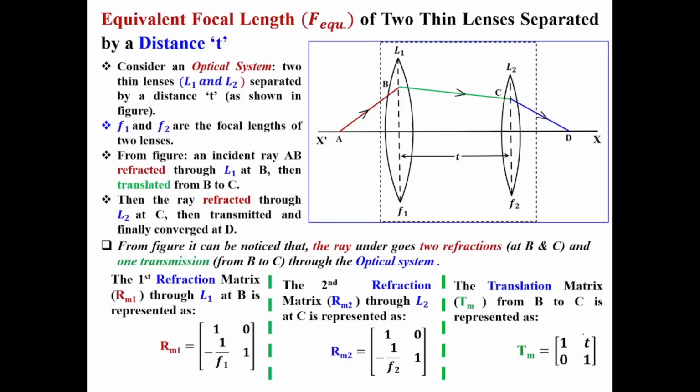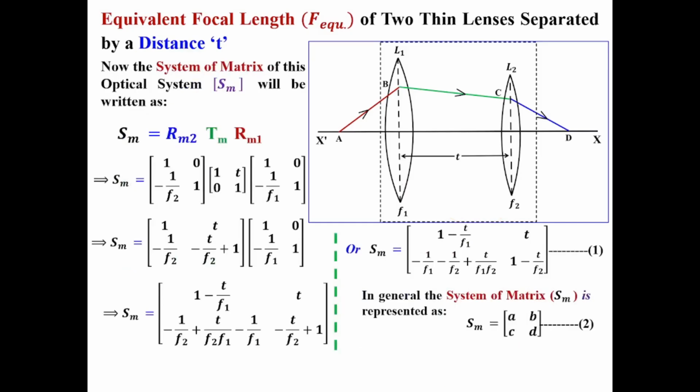In general, the translation matrix is represented as [1 t/mu; 0 1]. Here we consider that there is an air medium in between these two lenses. If it is air or vacuum, mu is considered as 1. So the translation matrix here is [1 t; 0 1]. Now we have to write the system matrix of this optical system. So here, this is your image information, this is your object information.